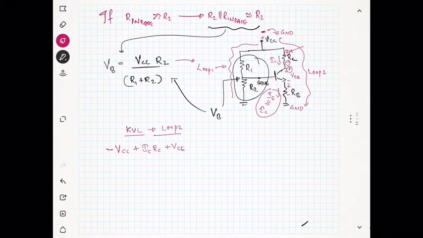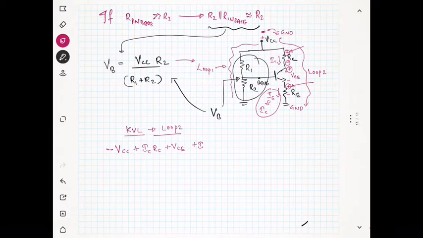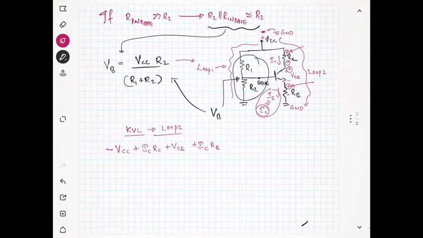The polarity here is also plus, so plus IC into RE. Instead of IE we use IC for ease of calculation, because IC is approximately equal to IE.